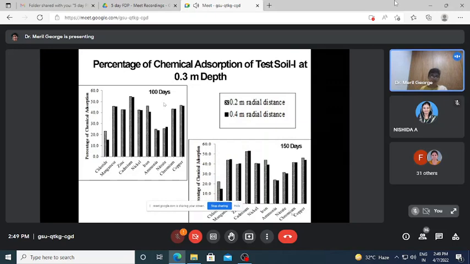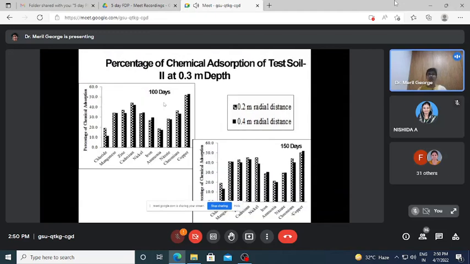The percentage of different chemicals with respect to concentration of synthetic leachate at 0.3 meter and 0.2 meter radial distance from the point of application of leachate was shown here for both the test soils, test soil 1 and test soil 2.